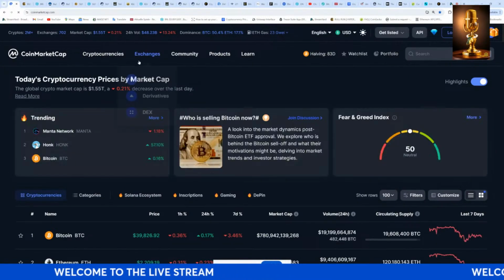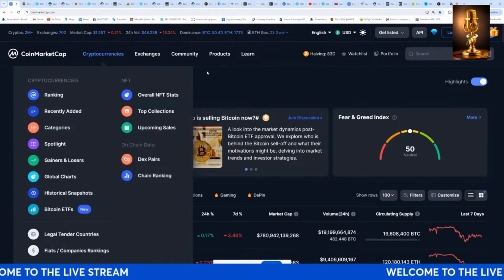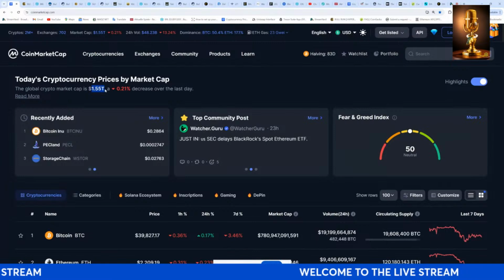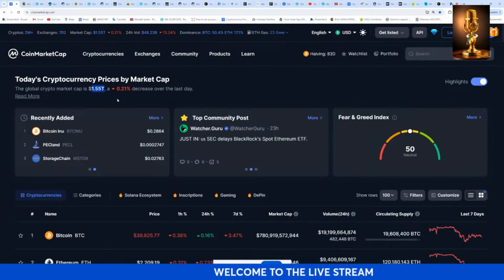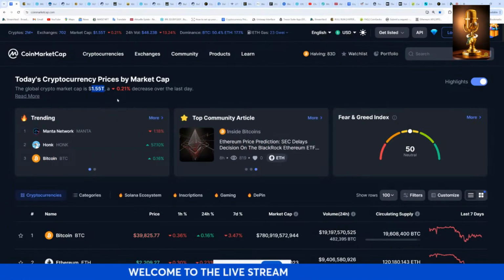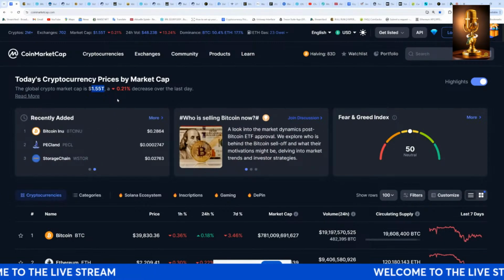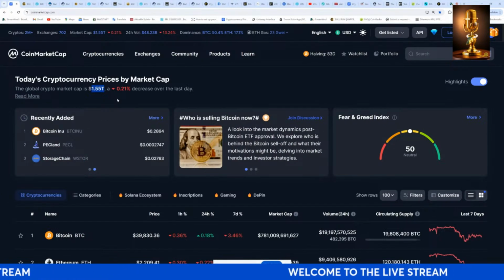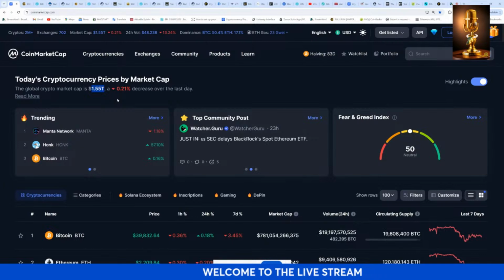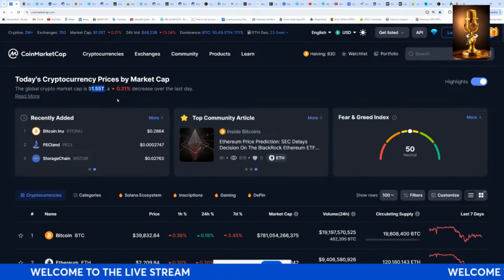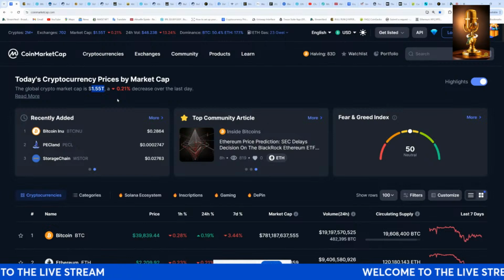The entire market sits at 1.5 trillion in market cap. So if you can come up with a solution for over $1 trillion market cap, that means you're solving a $1 trillion problem. And if you can solve a $1 trillion problem, that's very good. How about if you can solve $4 trillion problems?